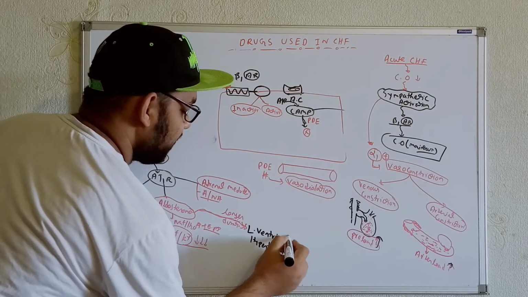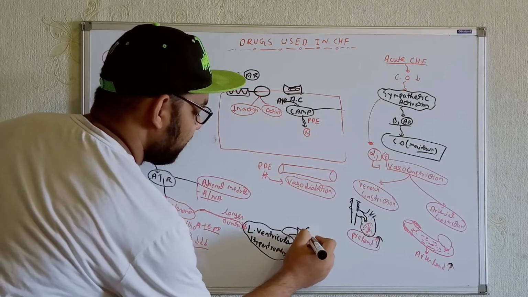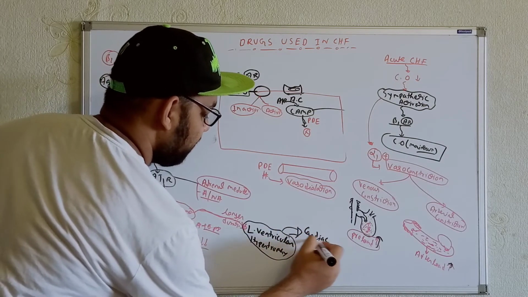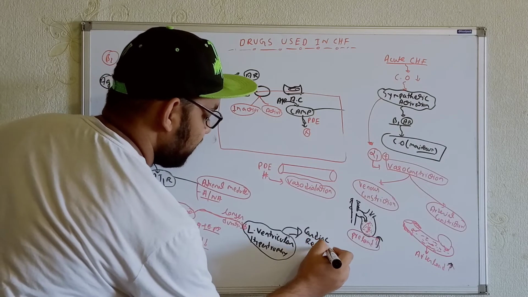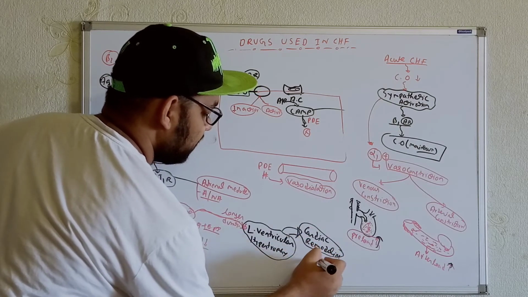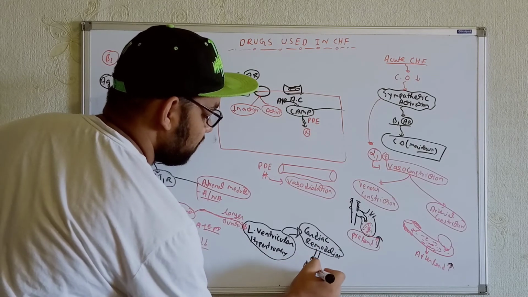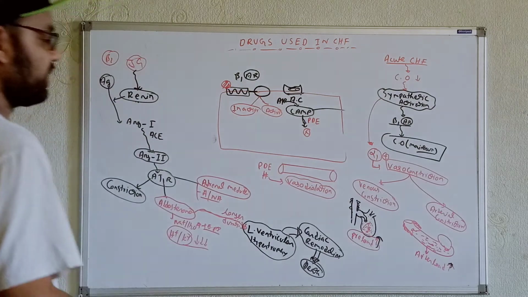That will lead to cardiac remodeling. So from here, we'll get cardiac remodeling, and in most cases we also see, ultimately, the death of the patient. So this type of thing we'll see in these conditions.